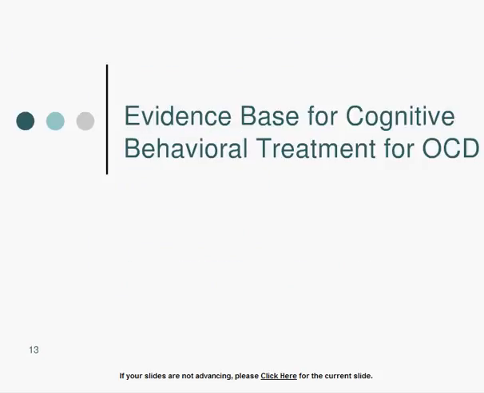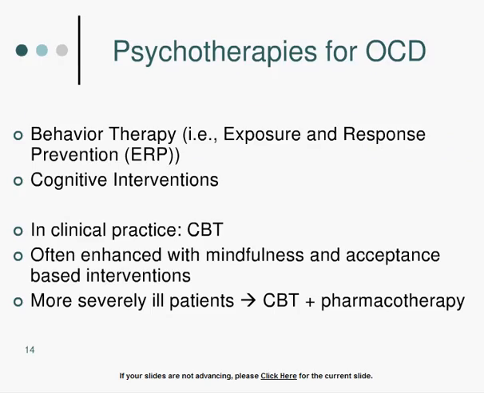And now I want to switch gears a little bit, and I want to talk about the evidence base for cognitive behavior therapy for OCD. And behavior therapy, and actually a specific form of behavior therapy called exposure and response prevention, has been considered the gold standard psychotherapy for OCD.